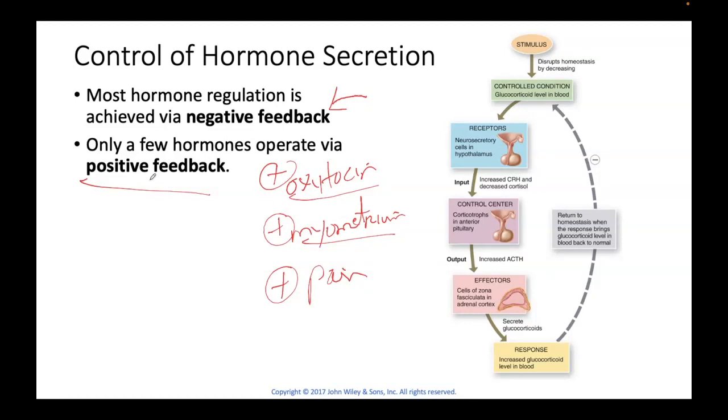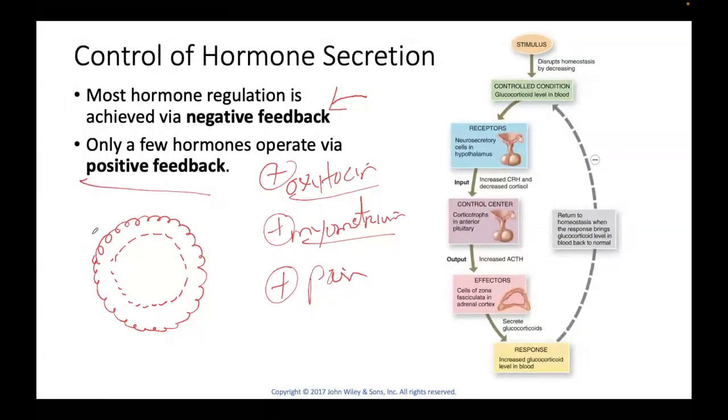What about another positive feedback loop in the body? In a blood vessel, we have different layers: an innermost layer, a smooth muscle layer, and an external elastic layer.